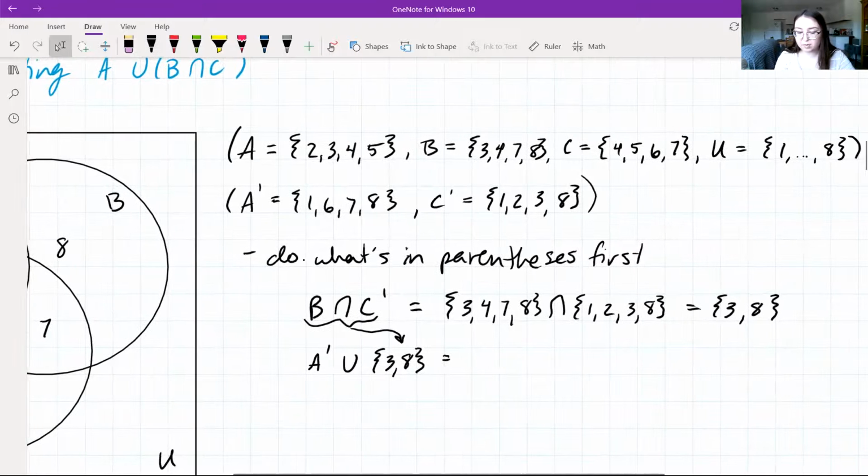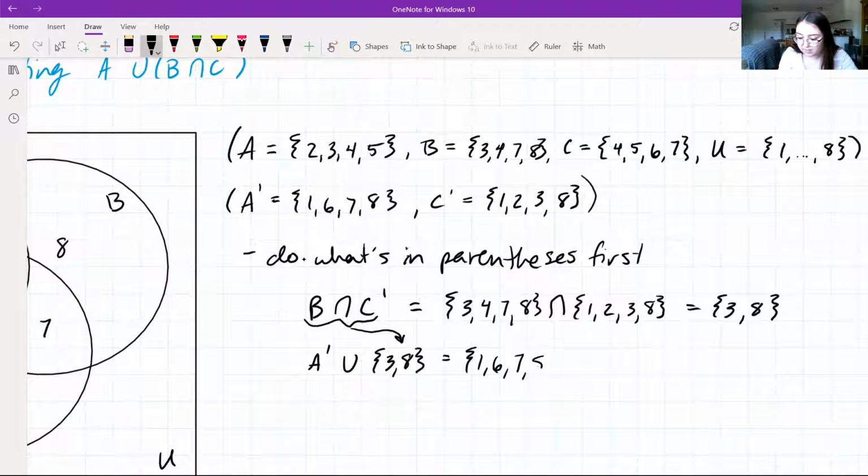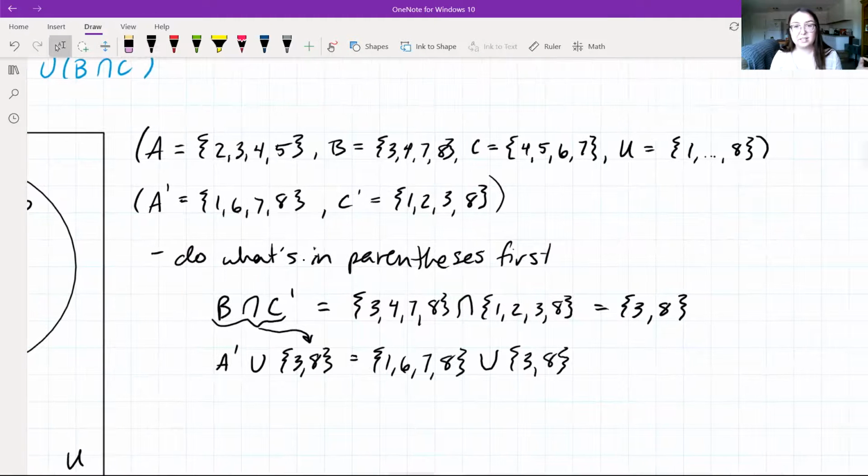And we want A prime, and we know that A prime is going to be 1, 6, 7, and 8. And we're taking the union of the set 3 and 8. And remember, the union is all the values in one set or the other or both.